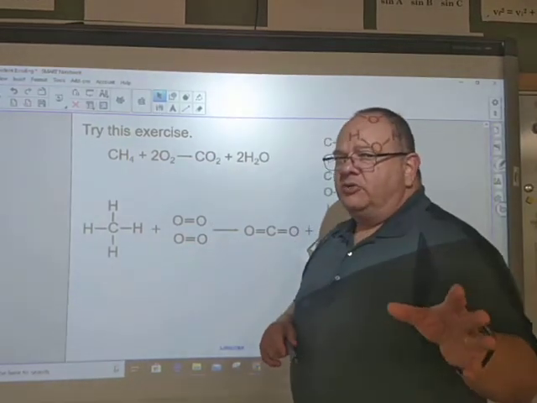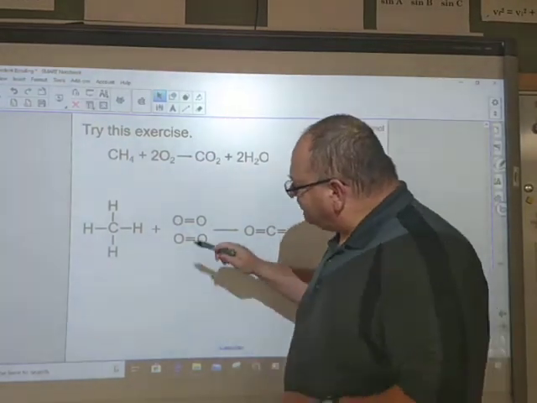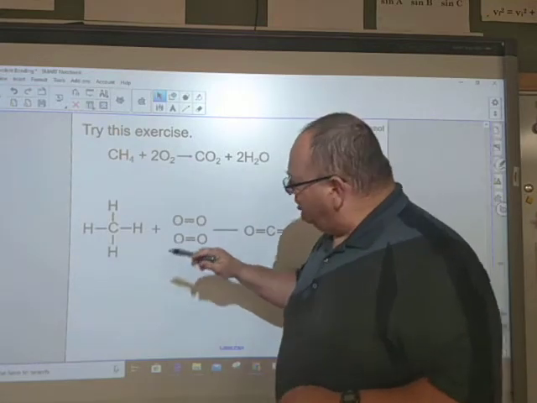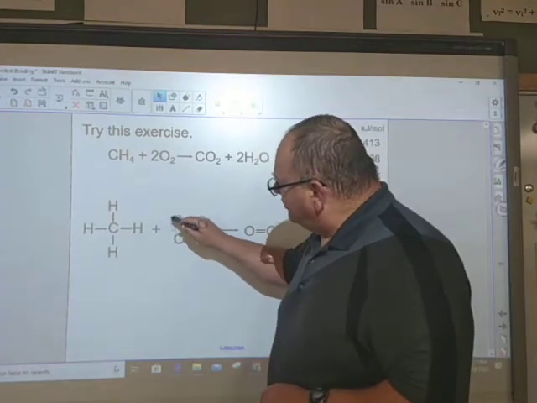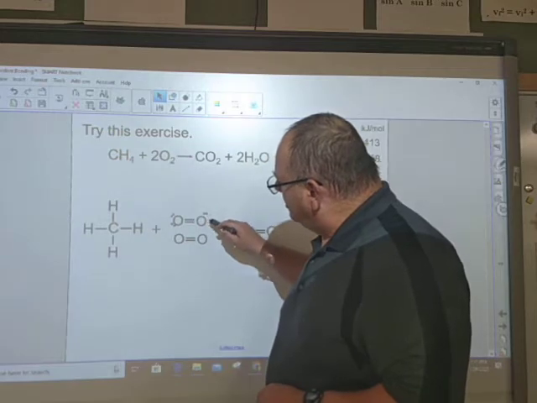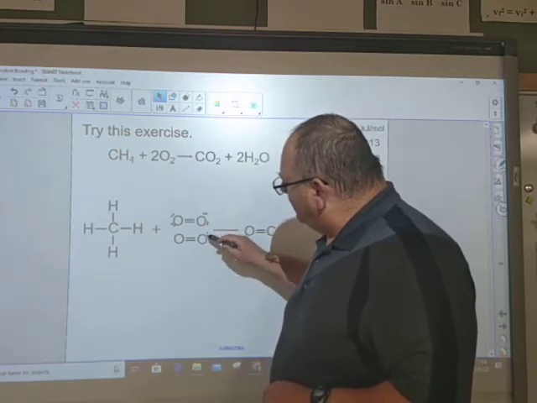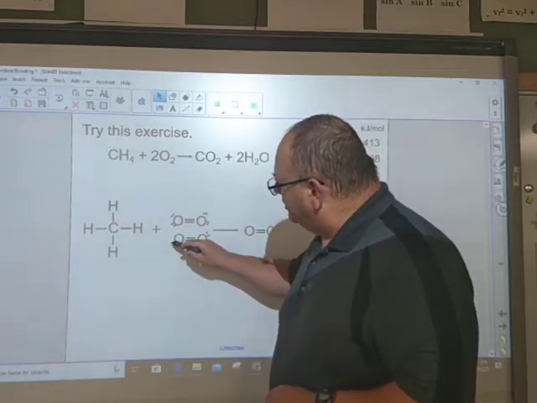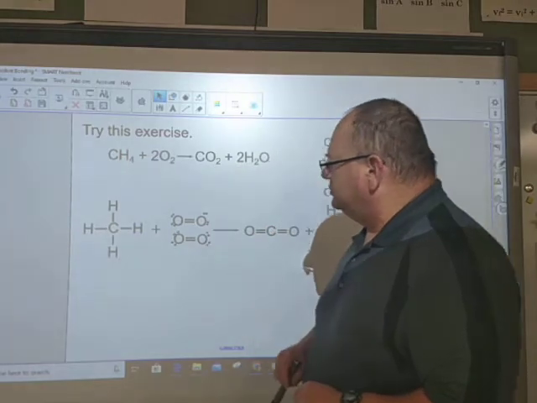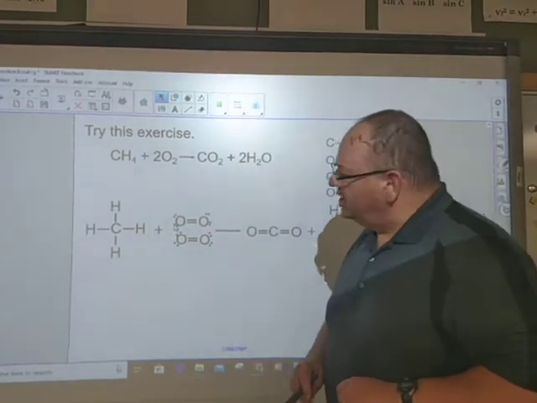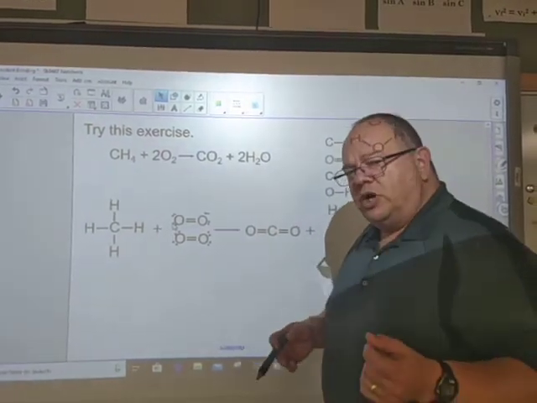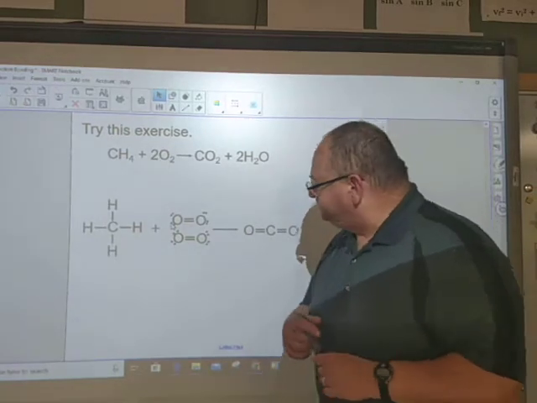Now, I asked you to write out Lewis structures. So on a Lewis structure, you show all the valence electrons. So we'd have more pairs of electrons on here. Okay, so each of the oxygens we would have drawn with 2 unshared pairs and 2 shared pairs.